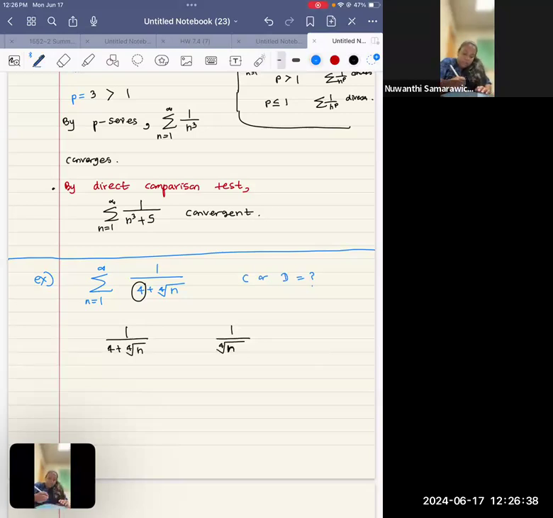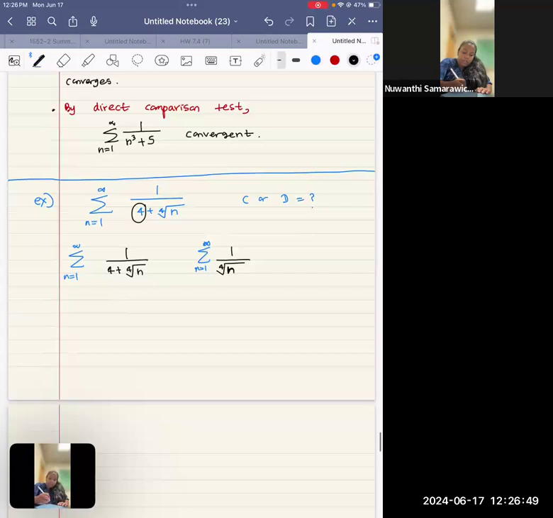Now let's think about which one is greater than the other. Same idea: this is A, this is B, as we used in the previous two. What can you say about which one is bigger? B is the bigger series.